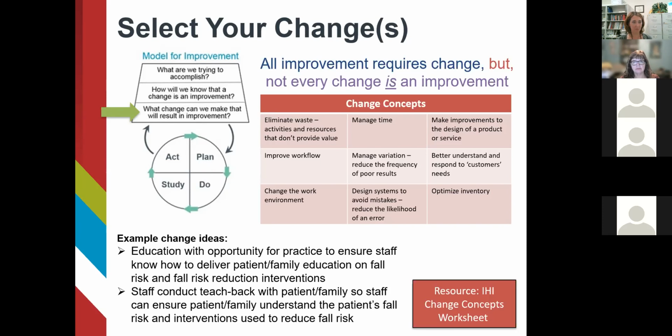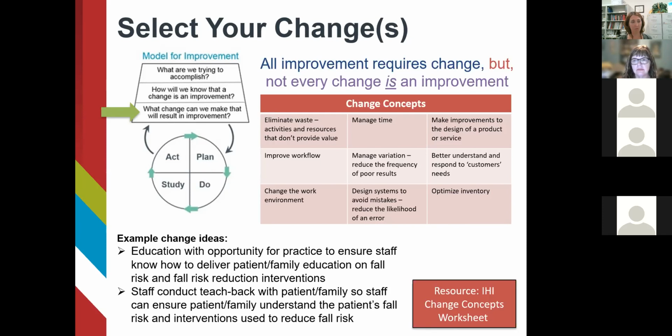So some example change ideas for our patient family education for fall risk reduction topic might be things like conducting education with staff and giving them an opportunity to practice delivering patient family education, so that we know that they are able to explain fall risk and fall risk reduction interventions to patients, and that they feel comfortable and confident doing so.